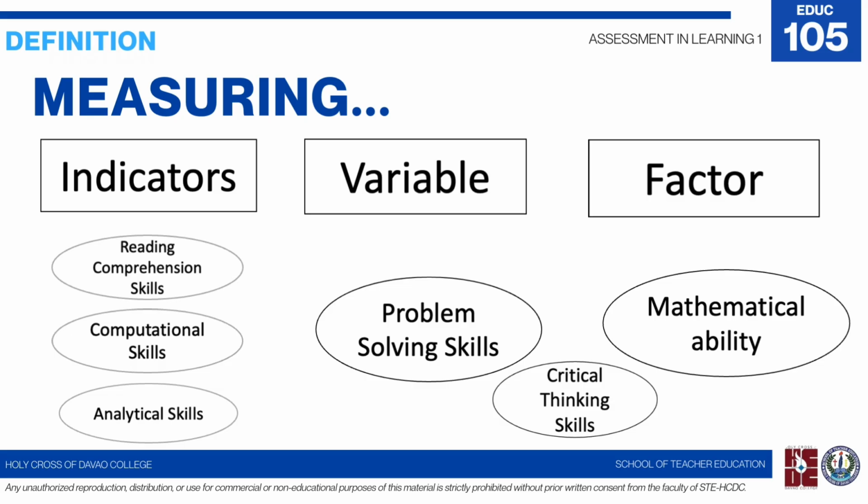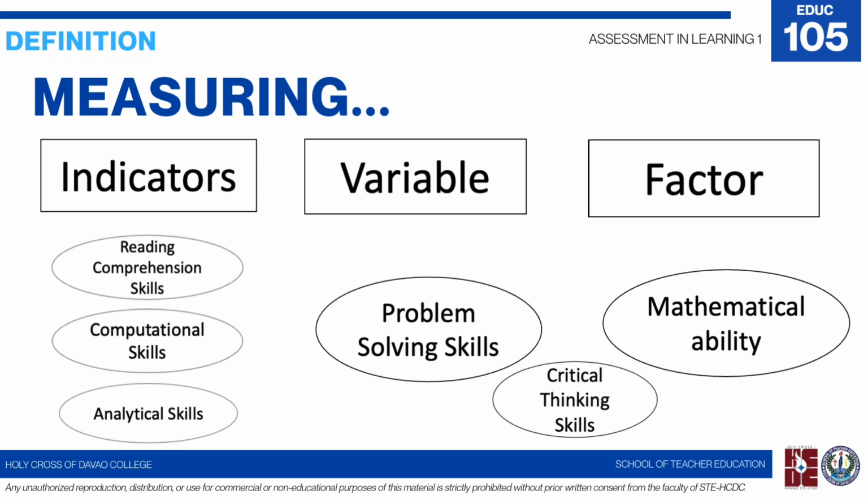When these indicators are combined, they make up a variable called problem-solving skills. And when it is paired with critical thinking skills, these variables can make a factor, which is the mathematical ability of our learners. In this sense, we can measure indicators, variables, and factors as part of our classroom assessment.